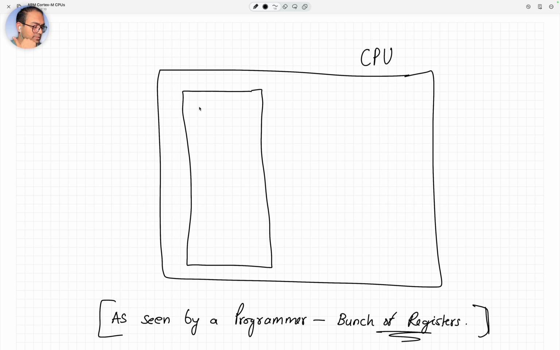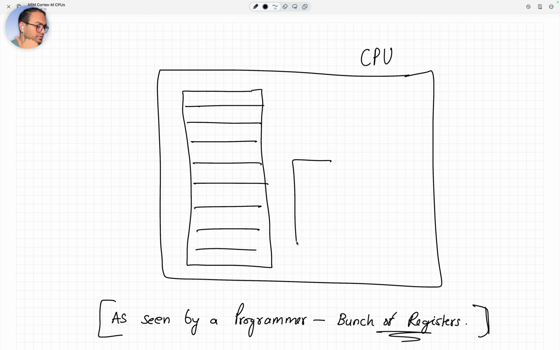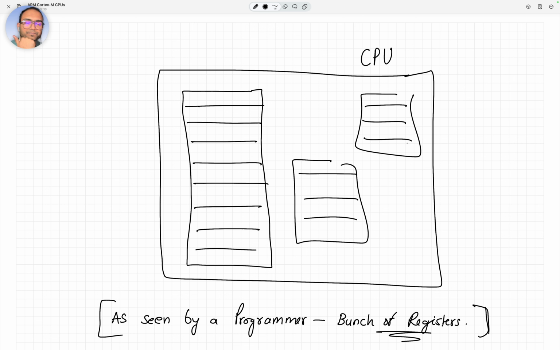Okay, so back to the CPU. My claim is that we can think of the CPU as a bunch of registers. And as we manipulate those registers, the CPU does something, right? Let me talk abstractly and it will become a lot clearer. There are a few registers called GPRs, general purpose registers.